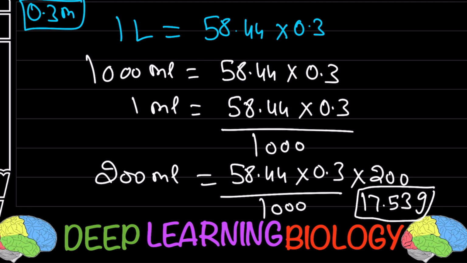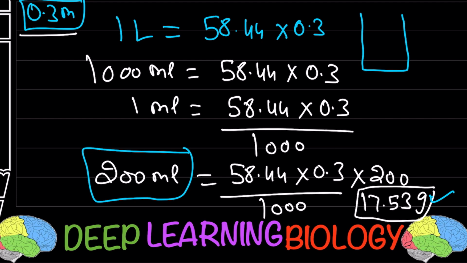Now try to see here. To prepare 200 ml of 0.3 molar, you are going to weigh 17.53 gram. And how do you prepare this solution? Very simple.